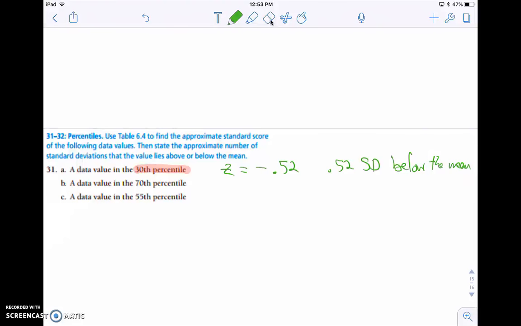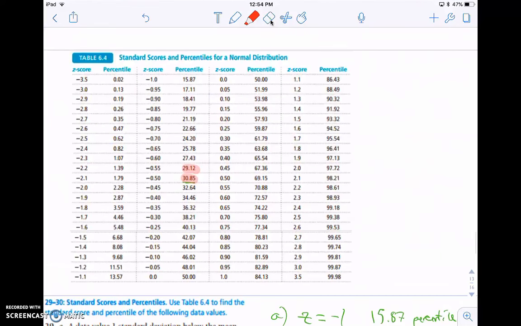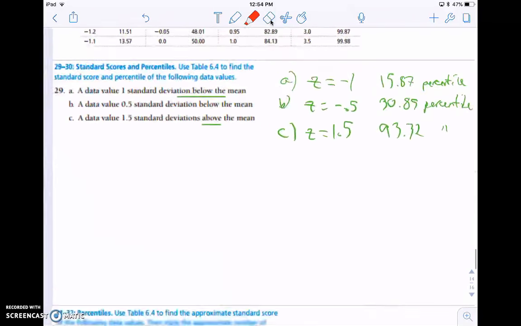Okay, the 70th percentile. It's actually just on the flip side here. So we're between 0.50 and 0.55, and we're going to be about halfway between.